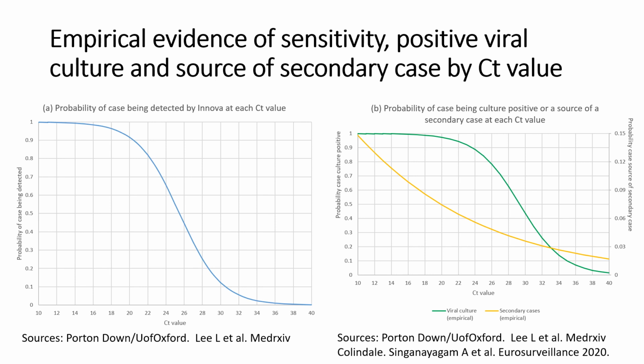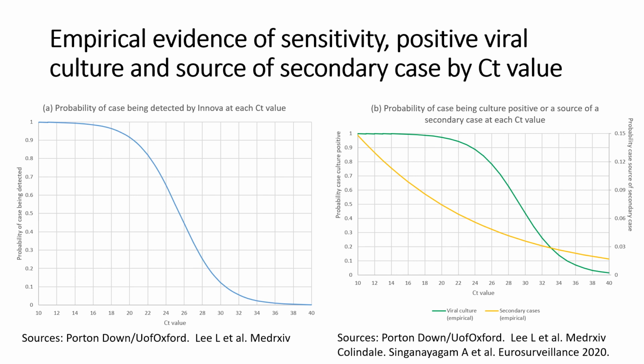The green line is from the Public Health England Colindale study of viral culture rates, showing how the probability of viral culture on the left-hand axis changes with CT value, and the yellow line is the data from Tim Peto's study of test and trace secondary infection rates, with the axis on the right-hand side.